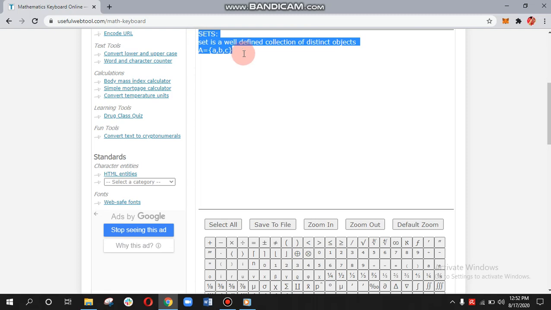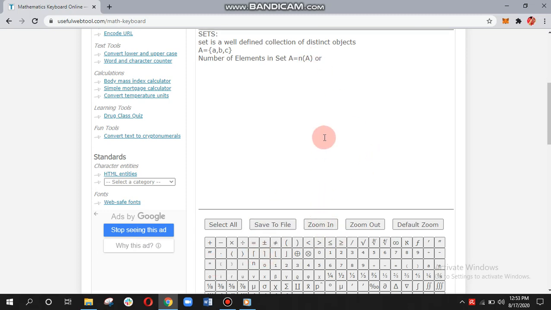Next, we were discussing the number of elements in a set A. We can write it as the number of elements in set A, or we can also write it with the mod sign.